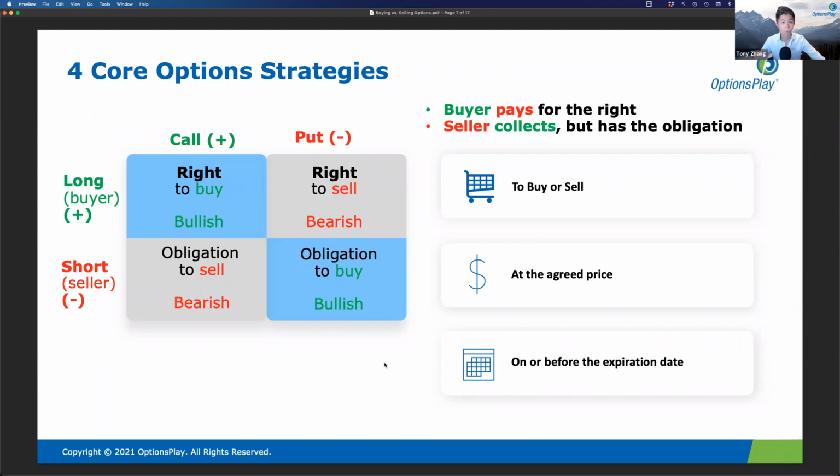And today what we're going to do is dive into all 4 strategies and make sure you truly understand each one. What are the pros? What are the cons? What are the risks? What are the potential rewards, to help you decide when you might want to utilize each of these strategies. And what you're going to learn here today is that there's no such thing as a best strategy.